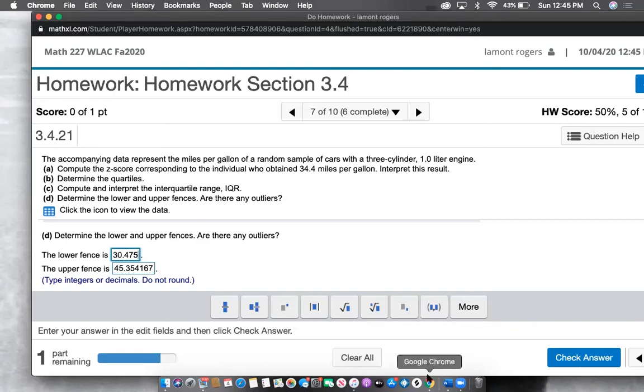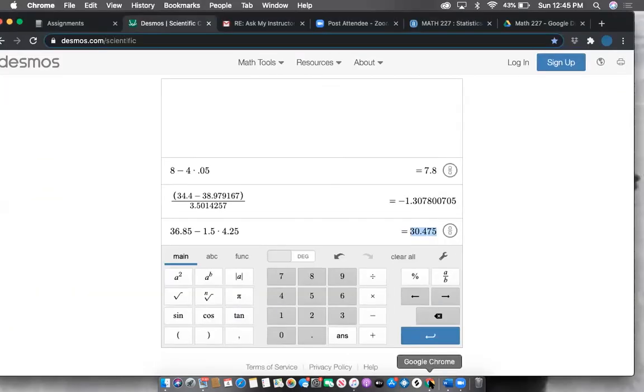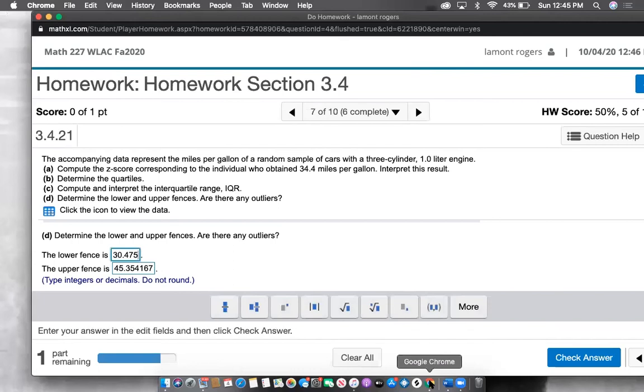Go back to Desmos and change the subtraction to plus. We may have forgotten to change Q1 to Q3. We have to put in Q3 now for the upper fence.